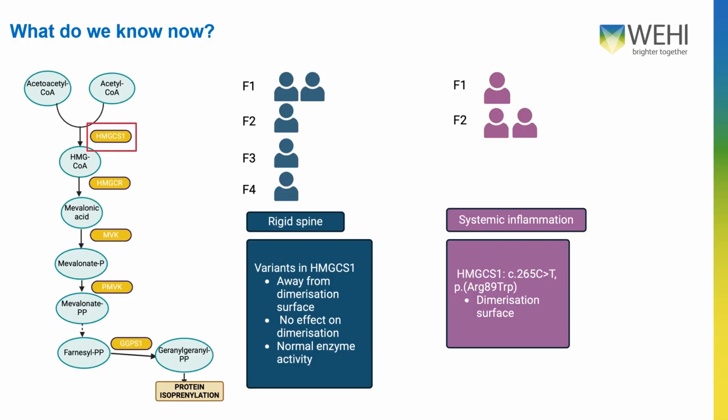So what we already knew was the same information. We thought that this particular variant is in the dimerization surface, in contrast to the variants described in patients with rigid spine, which were actually away from the dimerization surface.